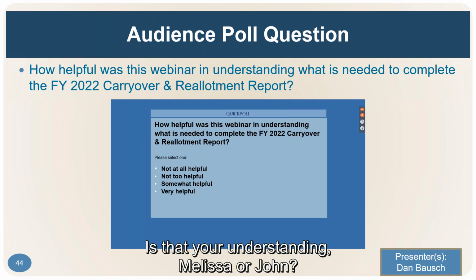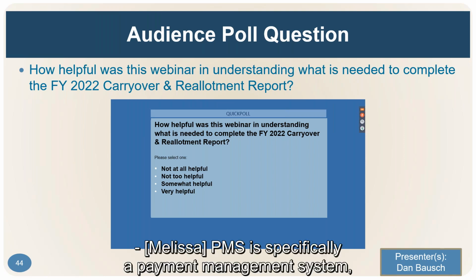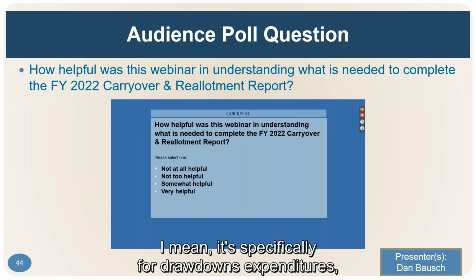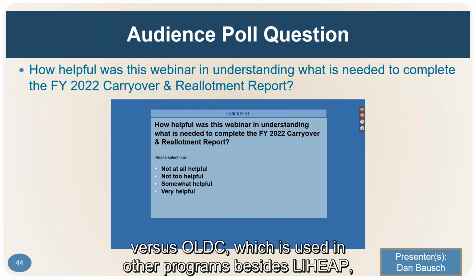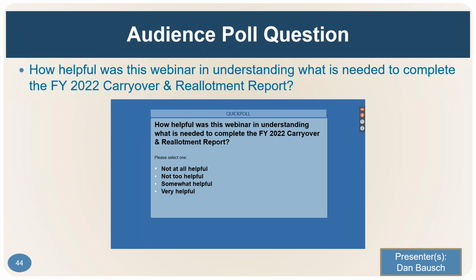Is that your understanding, Melissa or John? PMS is specifically a payment management system, and I think that's even what it stands for. It's specifically for drawdowns and expenditures, versus OLDC, which is used in other programs besides LIHEAP, but it's really more of a program reporting piece.